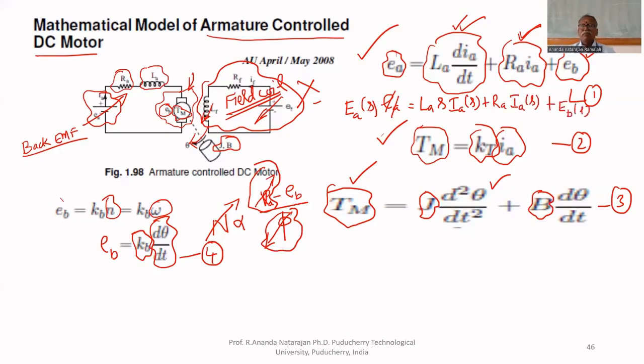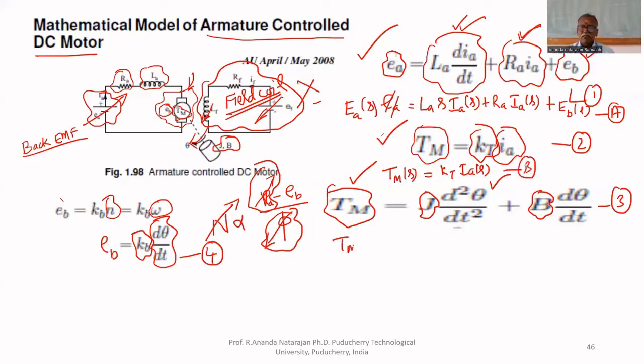That is also a variable. This is equation A in the frequency domain. Tm of S equals KT IA of S. This is the second equation, B.